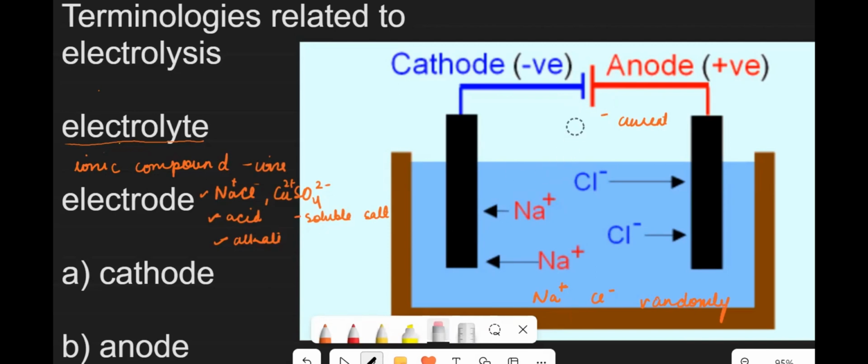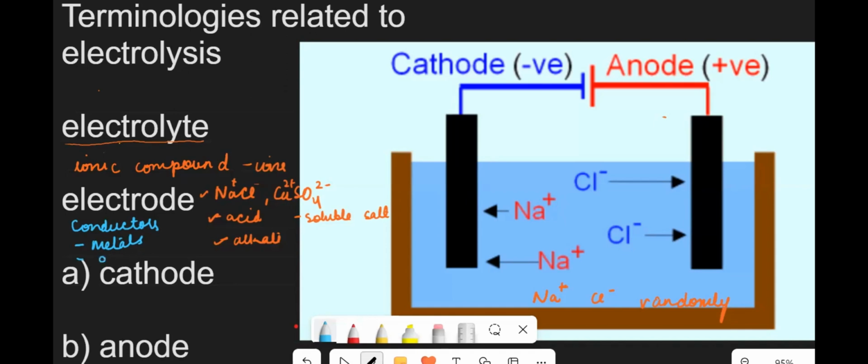That is electrodes. What do we mean by the term electrodes? Electrodes are your conductors. Conductors are either made up of metals or of substances which can conduct electricity.